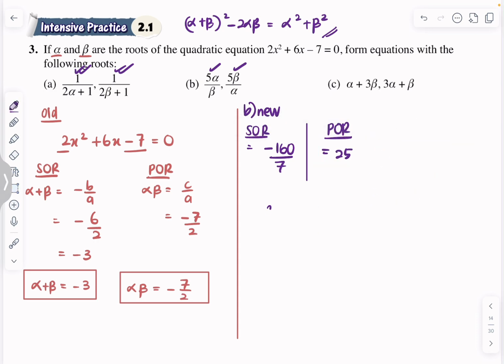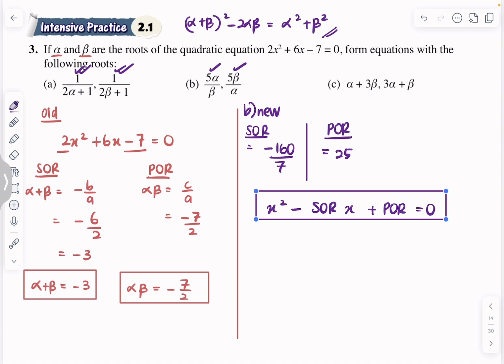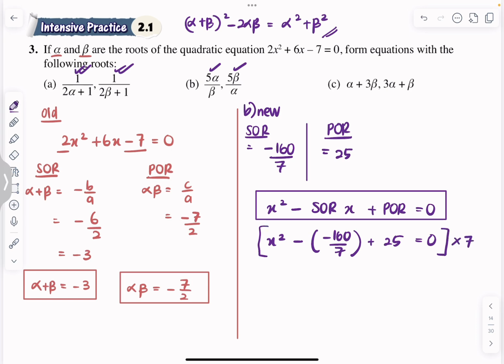So now we can find our new equation. This is the general form, and we just have to put it inside this form. So x squared minus sum of roots plus product of roots. Then we want to get rid of the fraction, so we times the whole thing by 7.